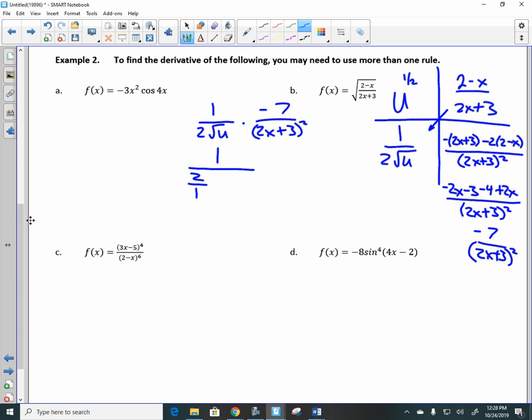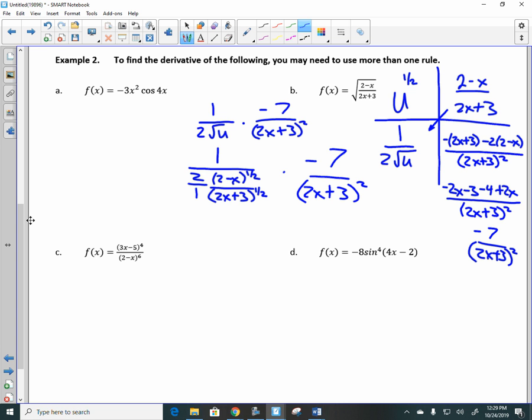So that'll be u to the 1/2. So I'll write it as times 2 minus x to the 1/2 over 2x plus 3 to the 1/2. You okay with that? Times negative 7 over 2x plus 3 squared.